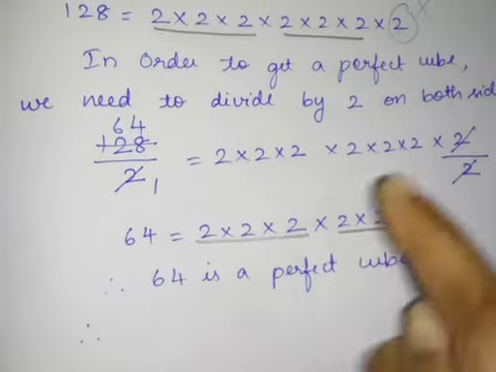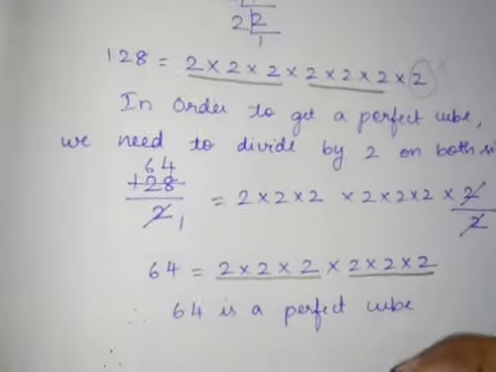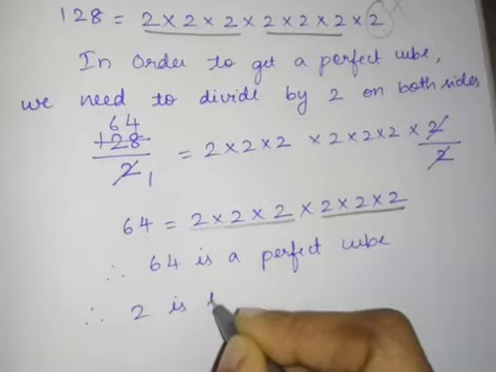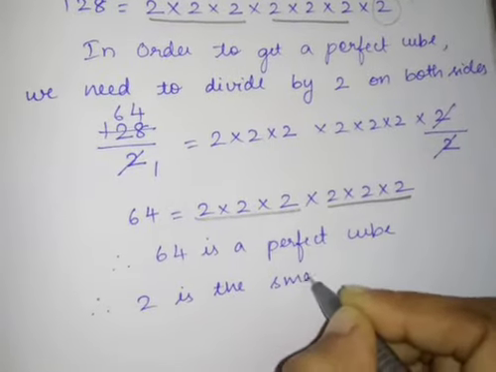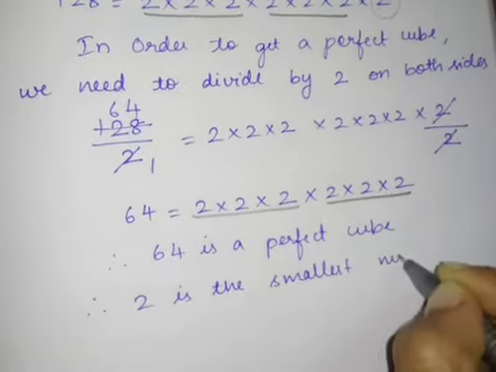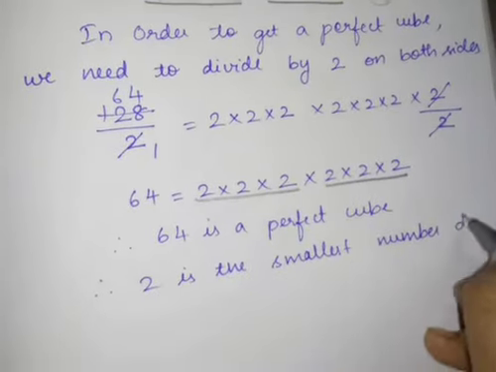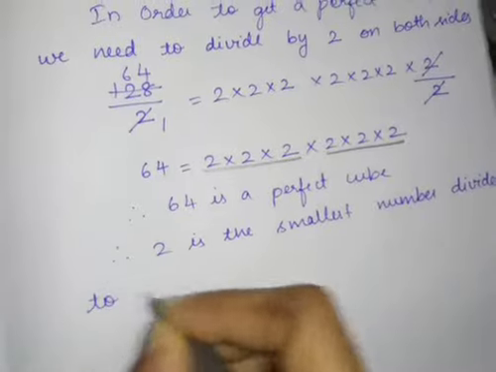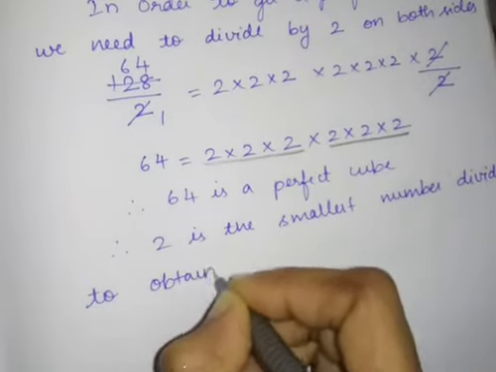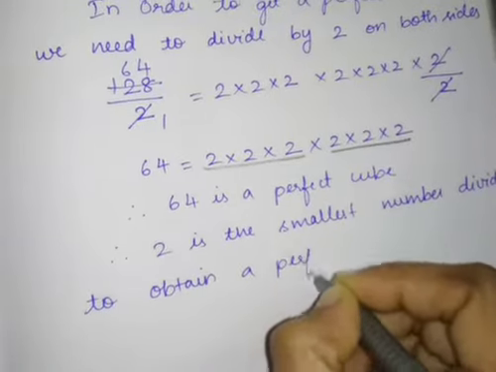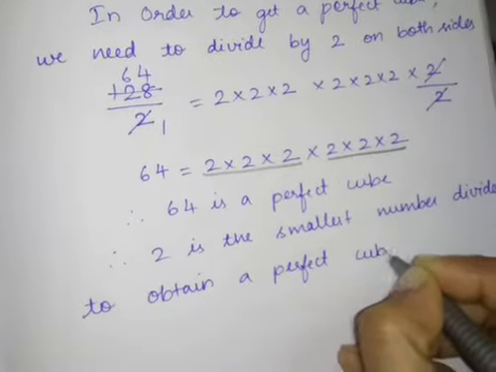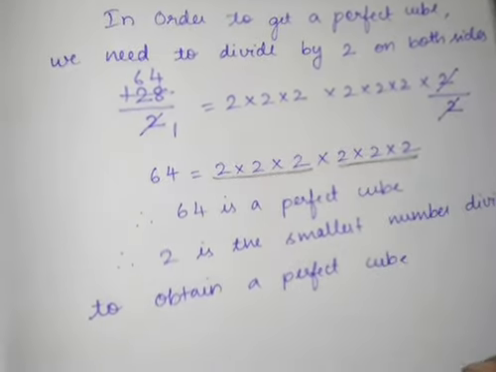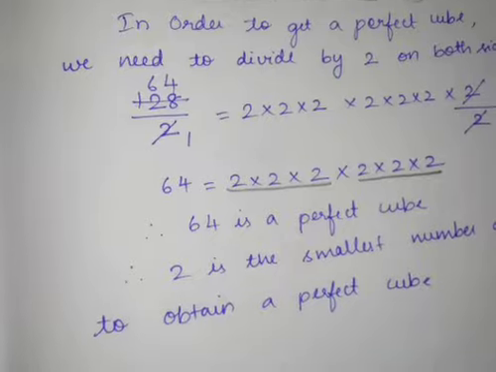Therefore, what is the number which is divided on both the sides? 2 is the smallest number divided on both the sides to obtain a perfect cube.